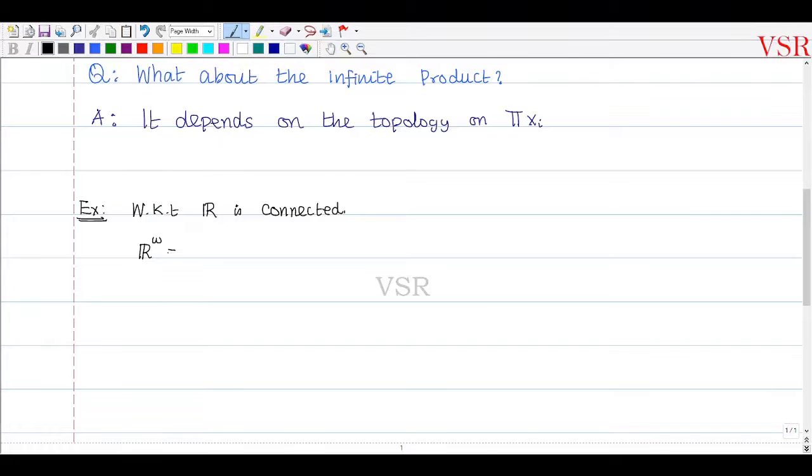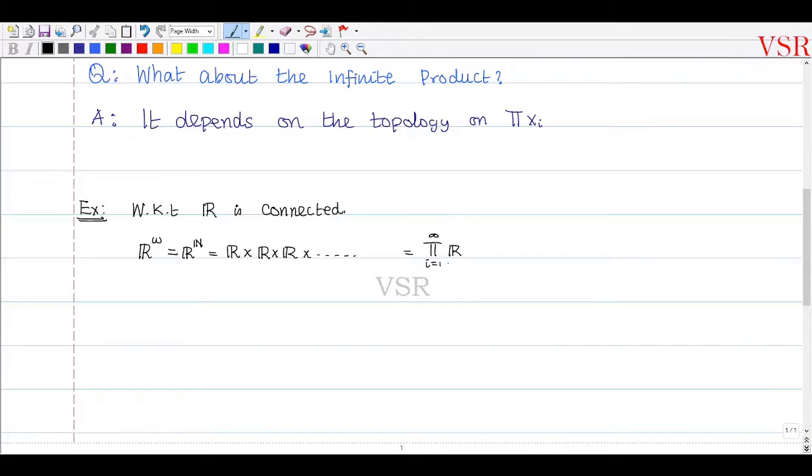Actually this is nothing but R to the power N, where N is the set of all natural numbers. This is equal to R cross R cross and so on, the product over i equal to 1 to infinity of R.